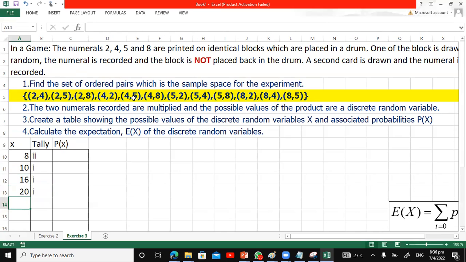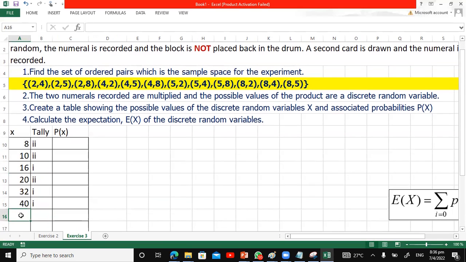We have 1, 20. 4 times 8, that's 32. So we have one value for 32. 5 times 2, that's 10. So we have a second value for 10. 5 times 4, that's 20. We have a second value for 20. All right, 5 times 8, that's 40. We have 1, 40 so far.